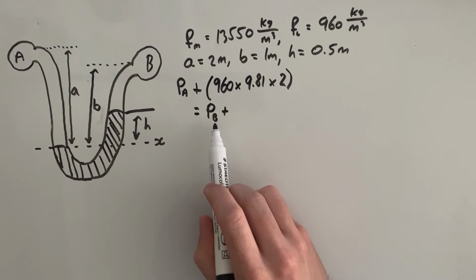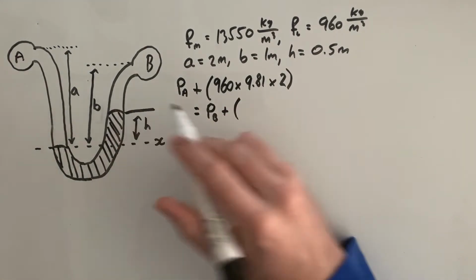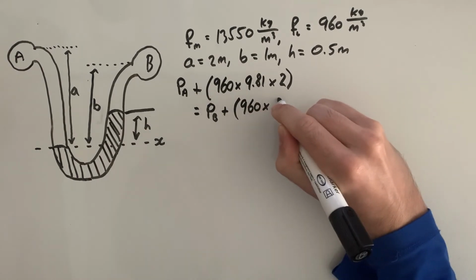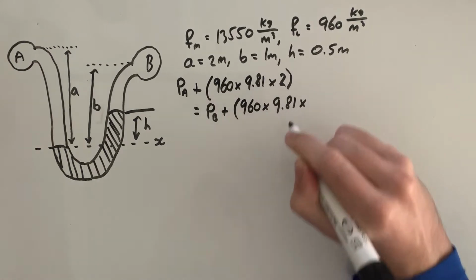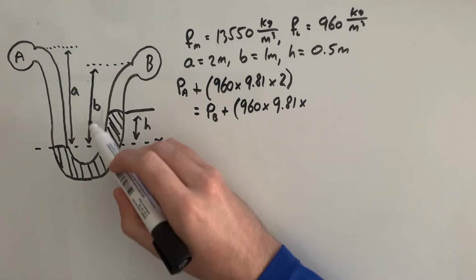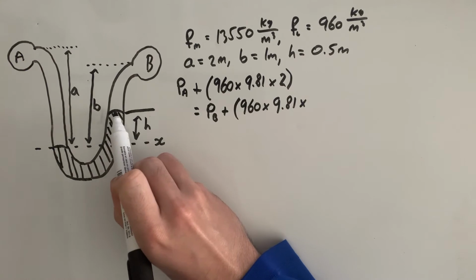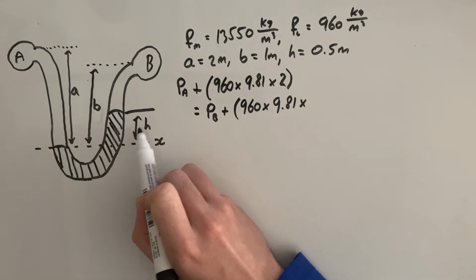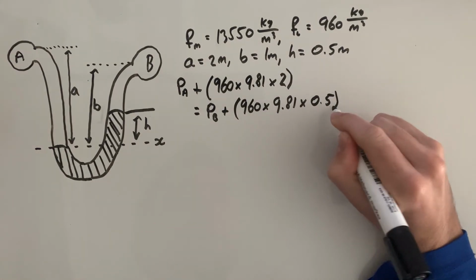So we're going to get PB plus, for this liquid, again, density 960 times gravity, we're still on Earth, so 9.81, times the height. But in this case, you might think that the height is the whole of B. B is 1 meter. That wouldn't be correct because our liquid only starts from here. So this remaining height here would be B minus H, which is 1 minus 0.5, which is 0.5 meters.